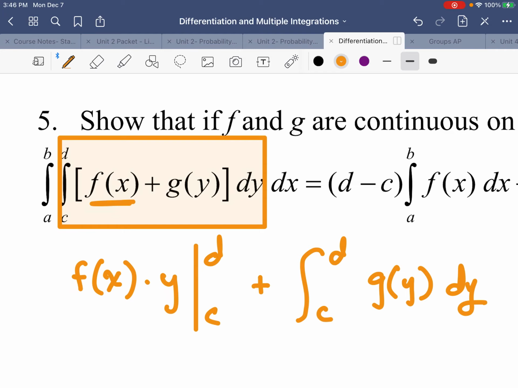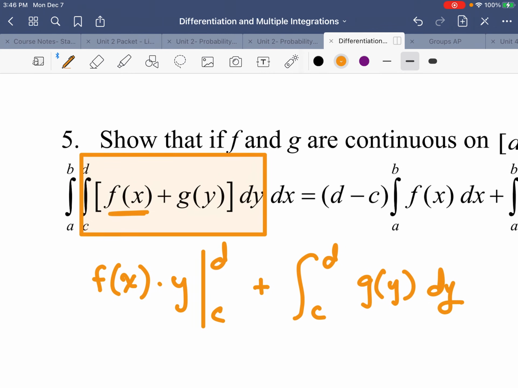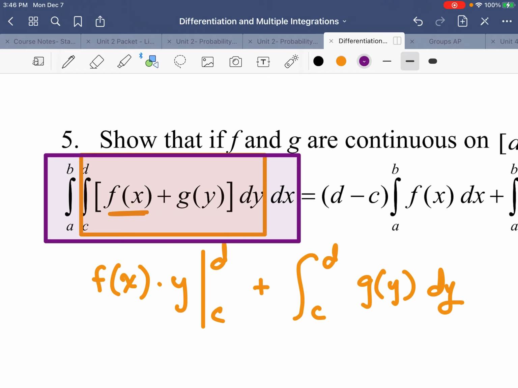So I now need to integrate that result with respect to x. So really it's the next level, or the next iteration, if you will.